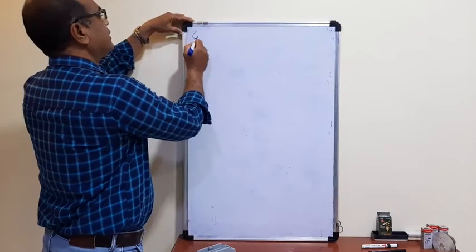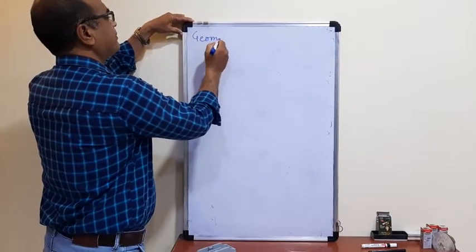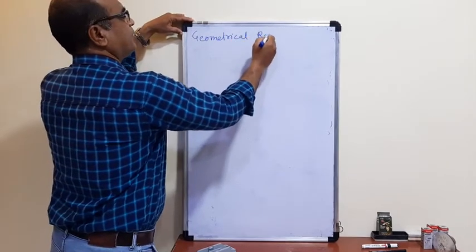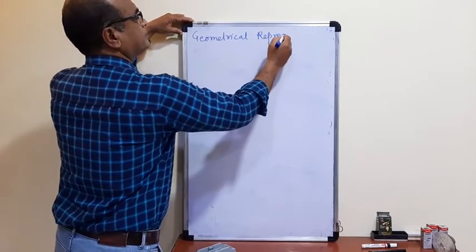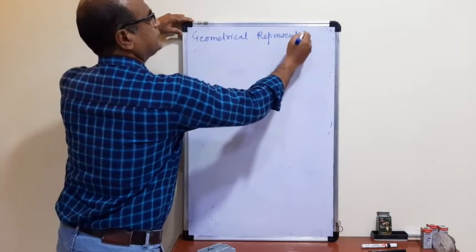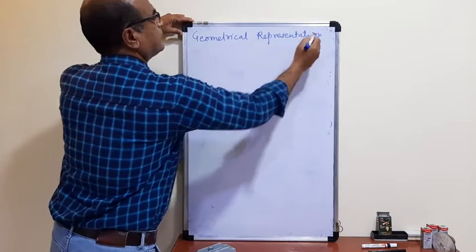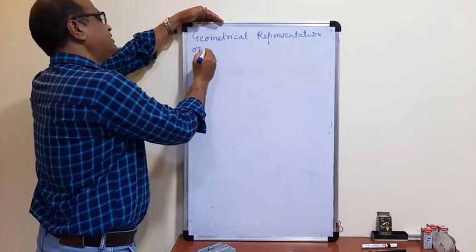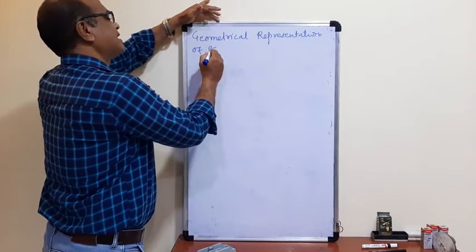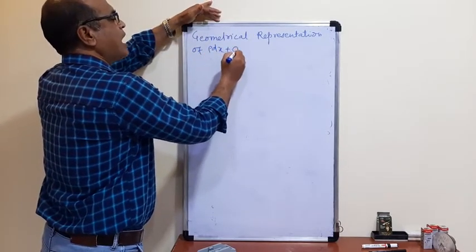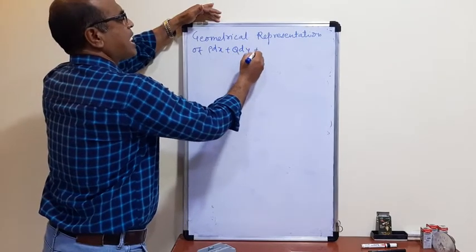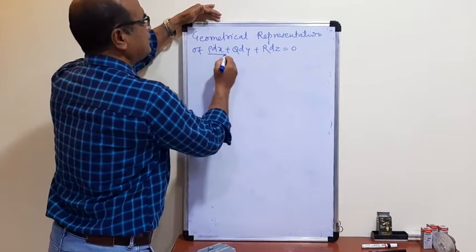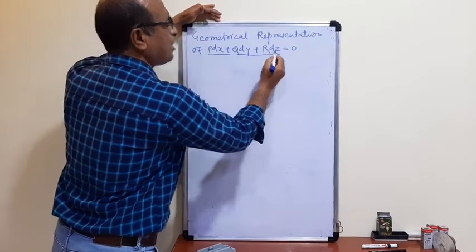Geometrical representation of a total differential equation P dx plus Q dy plus R dz is equal to 0. So what is this equation? How to represent this equation geometrically?